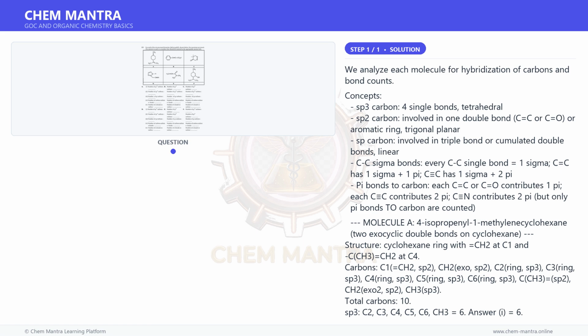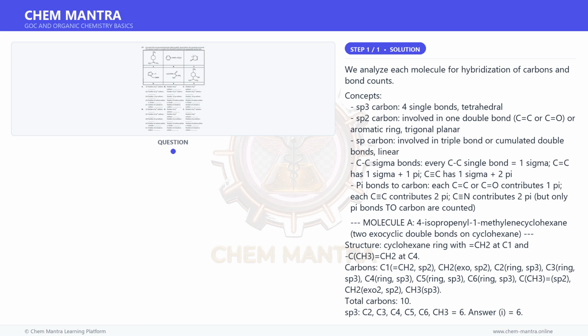Carbons in ring: C=O, sp2; CH2, sp3; C(CH3)2, sp3; CH2, sp3; plus 2 CH3 groups, sp3. Total sp3: 4 ring carbons plus 2 methyl equals 6, so sp3 is CH2, C(CH3)2, CH2, CH3, CH3, which is 5.